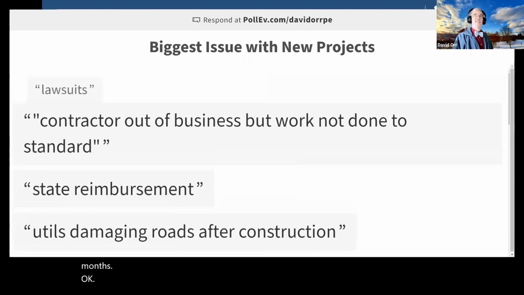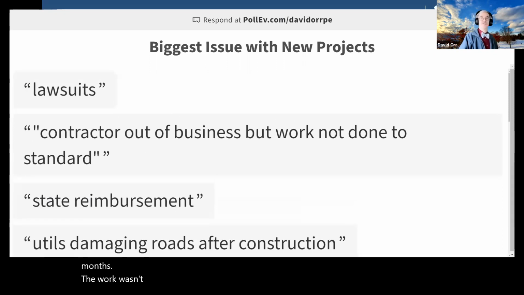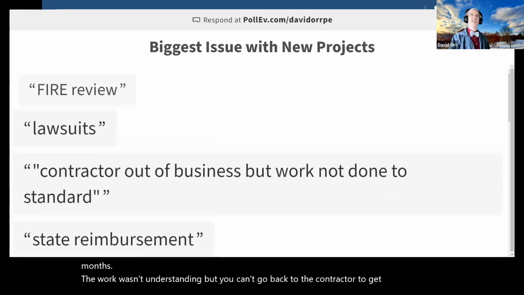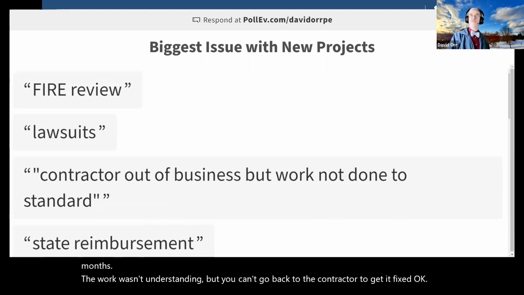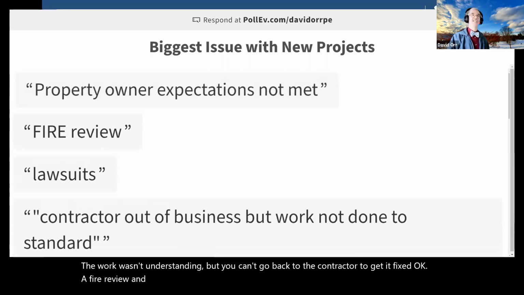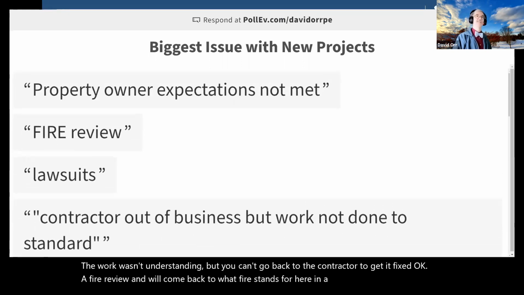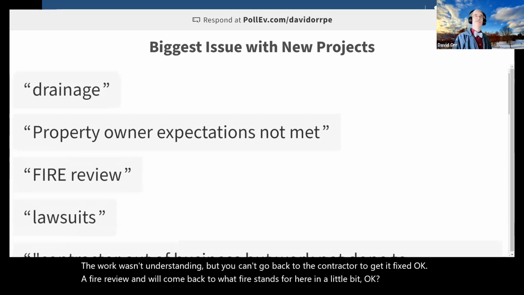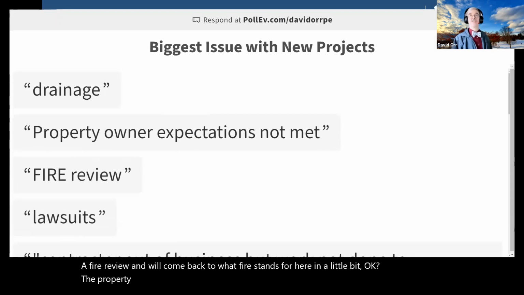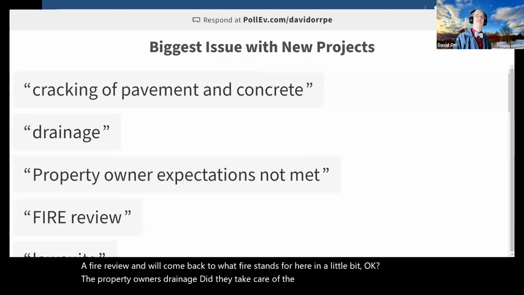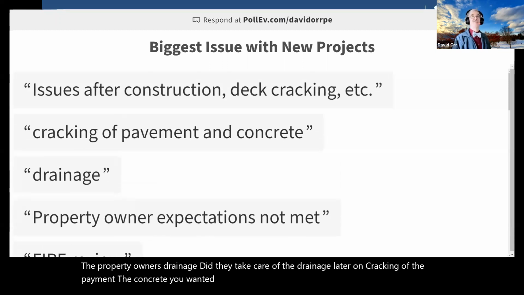The work wasn't done to standard, but you can't go back to the contractor to get it fixed. Okay. A FIRE review, and we'll come back to what FIRE stands for here in a little bit. Okay. The property owners, drainage, did they take care of the drainage later on? Cracking of the pavement and the concrete. You want it to last for 10 years and it lasted for 2 or 3.